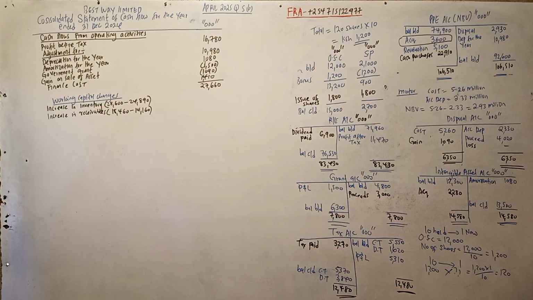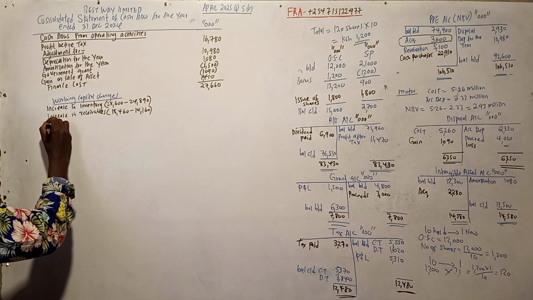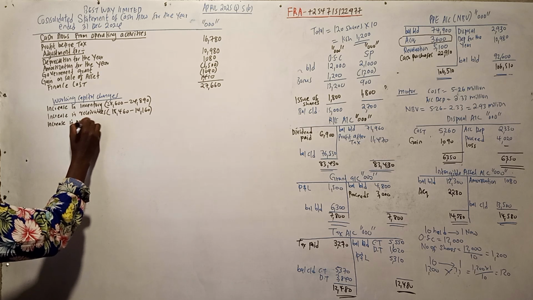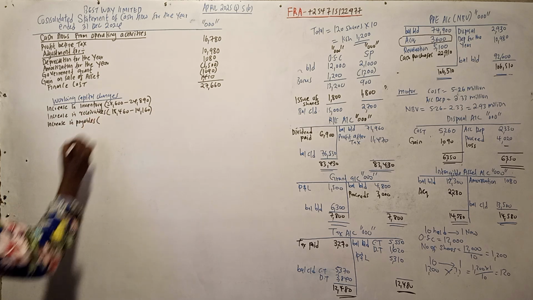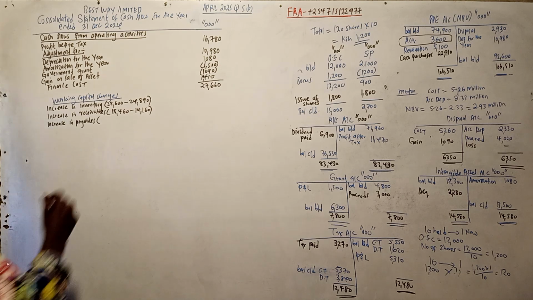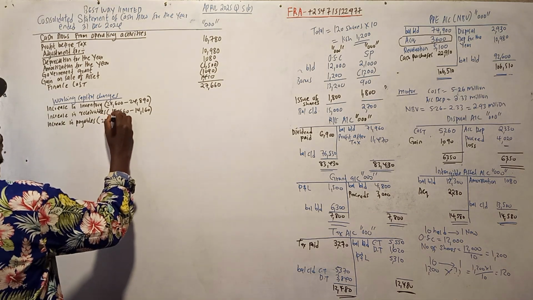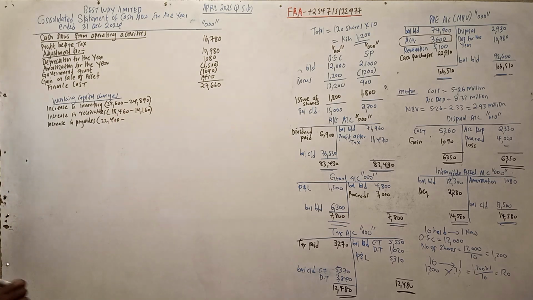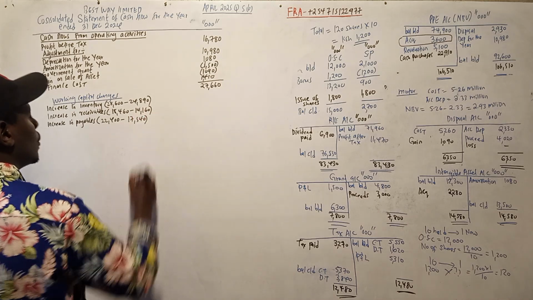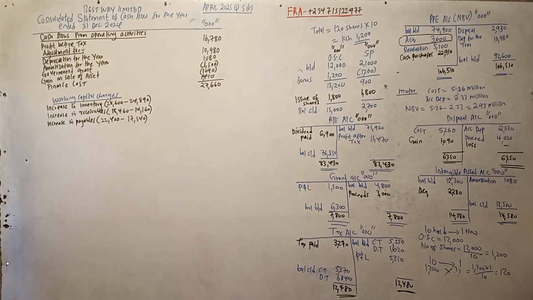It increased from 17,540 up to 22,400. So increase in payables: 22,400 minus 17,540. Let us see the difference.